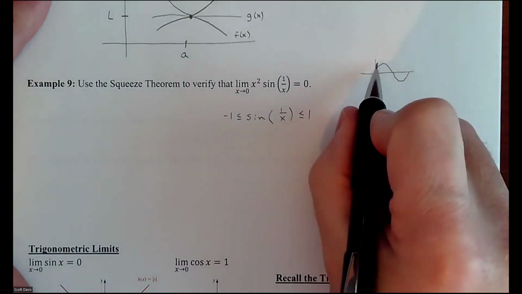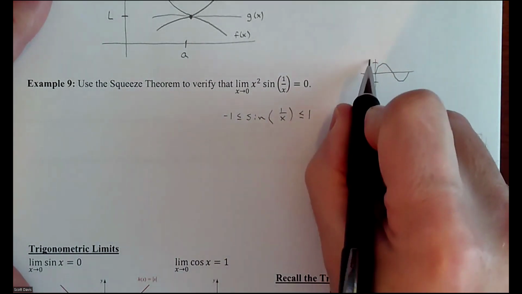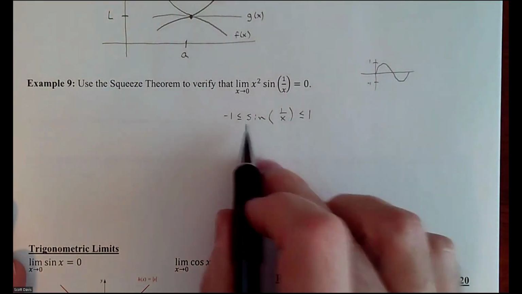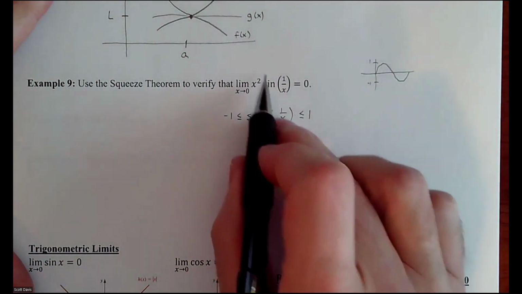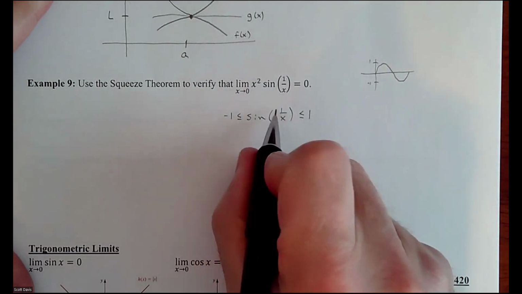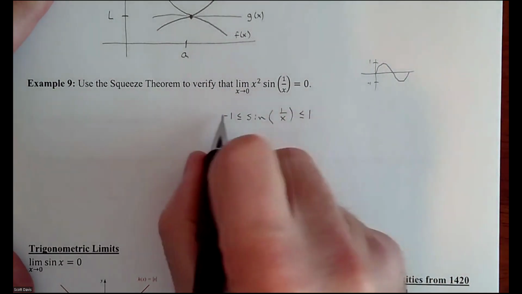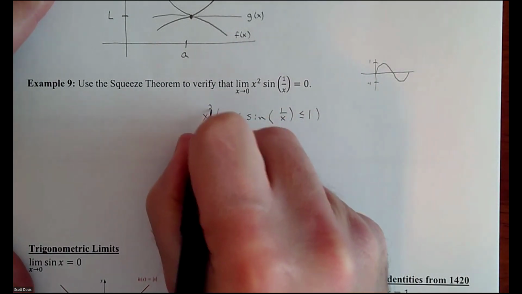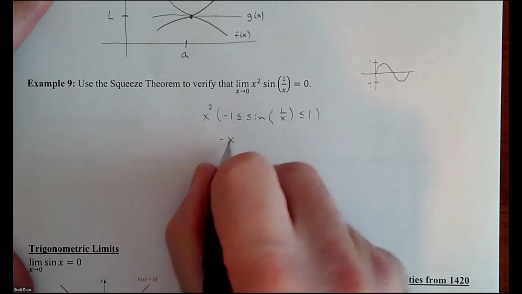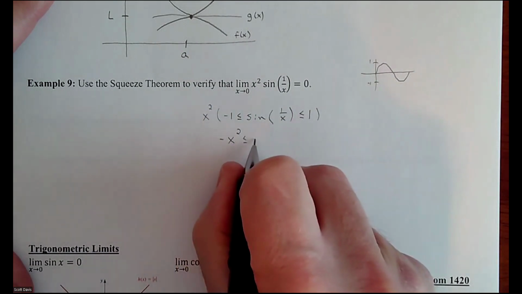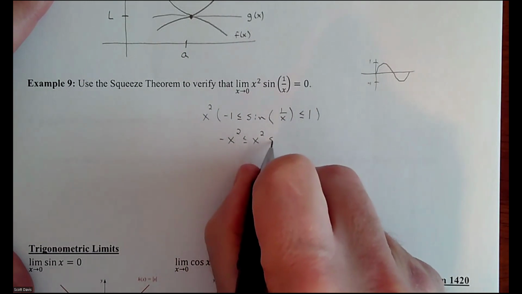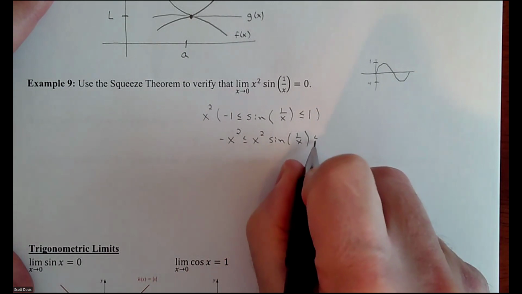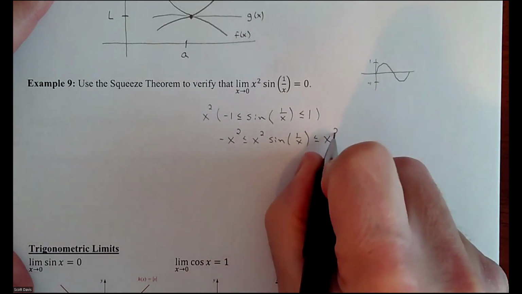If I know that fact, I can create this in the middle. I can create an x squared by distributing an x squared to the whole thing. That makes -x squared less than or equal to x squared sine of 1 over x, which is less than or equal to x squared.